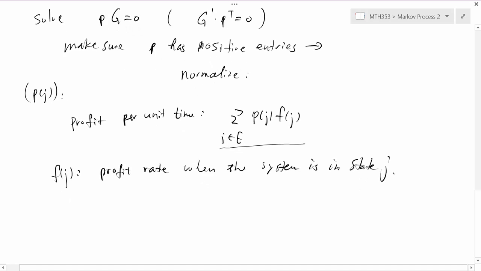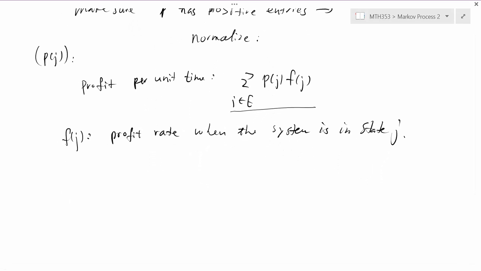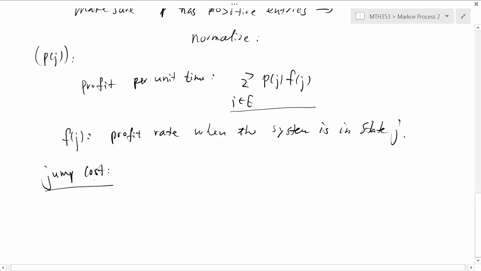Now for the Markov process that we are studying, there is another interesting thing we can add: the jump cost. Imagine that whenever your system jumps from one state i to another state j, you have a jump cost called hij.